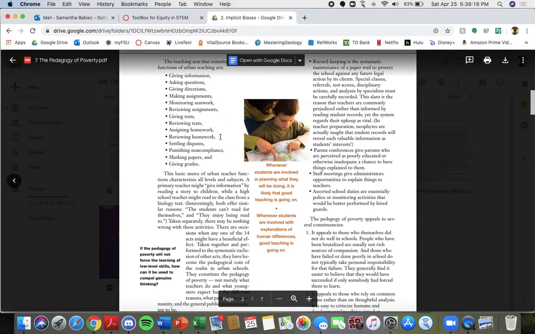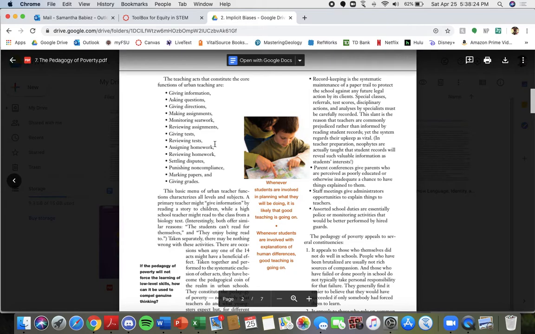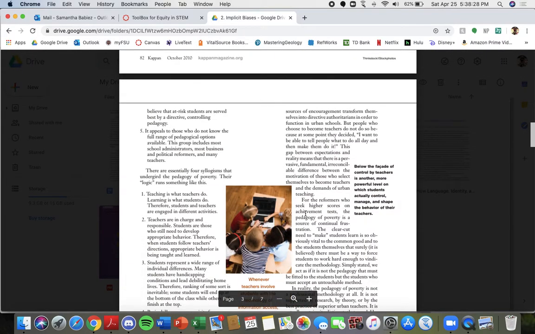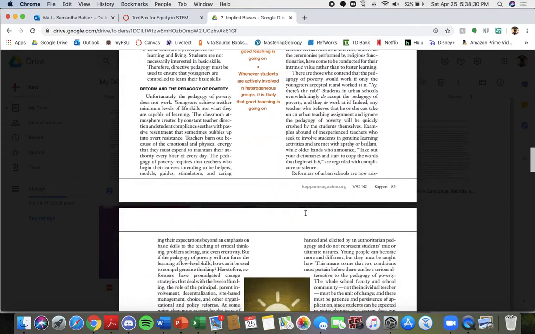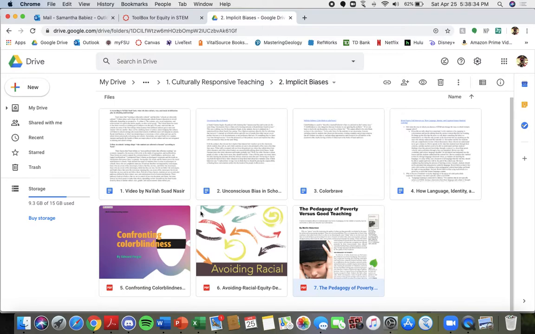This one also has a nice breakdown, like this part right here, where it defines the core functions of urban teaching, and then what we can do or how those can be interpreted in different ways. So these 3 articles can support the thoughts that I had from the 4 multimedia links above.